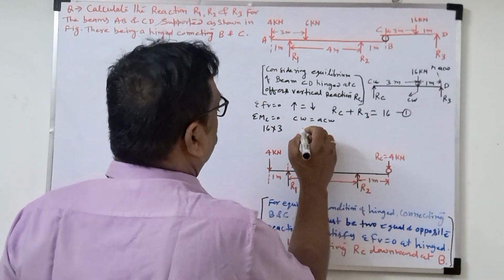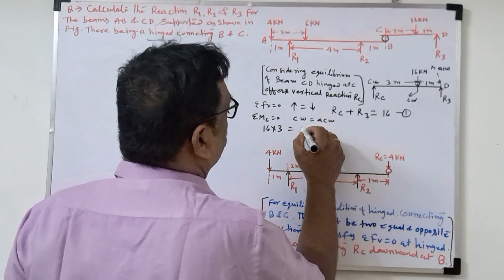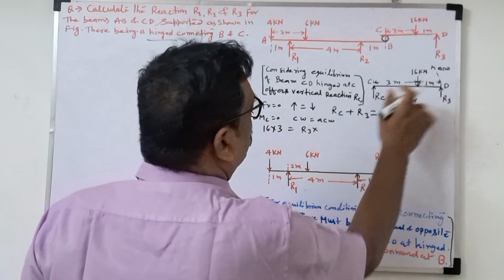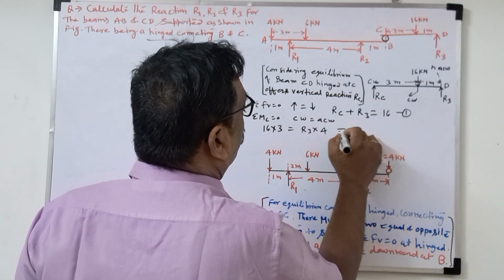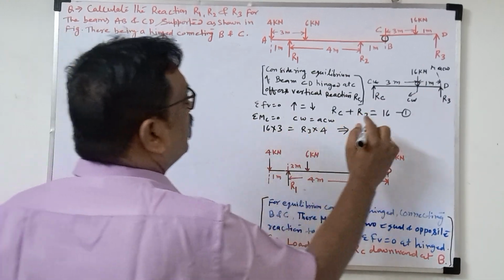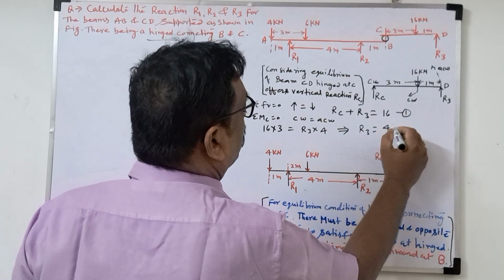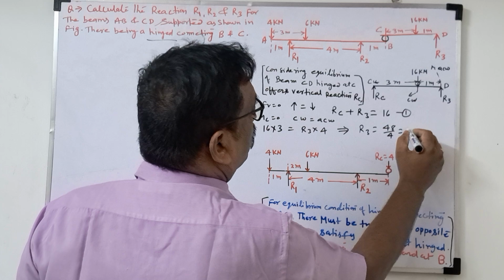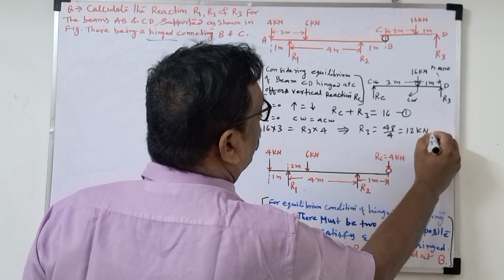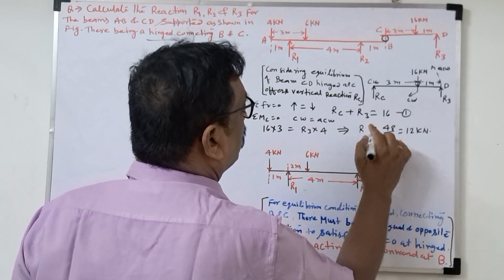Then the anti-clockwise is R3 into the total distance 4. That way we can find R3 equal to 48 by 4, so 12 kilonewton. Now I know R3 is 12 kilonewton.